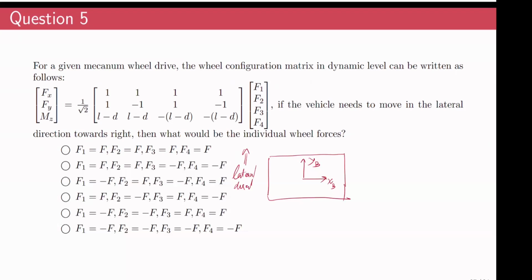And by convention, we'll keep this as the left side and we'll keep this as the right side. Right? So if the robot has to move along the right side, how should Fx, Fy, and Mz look like?